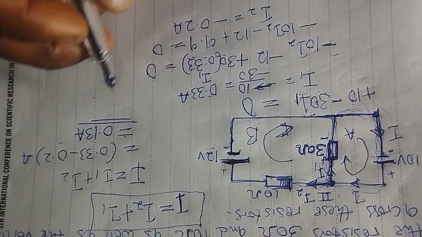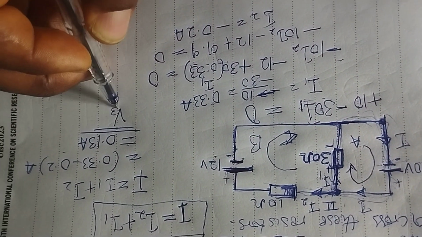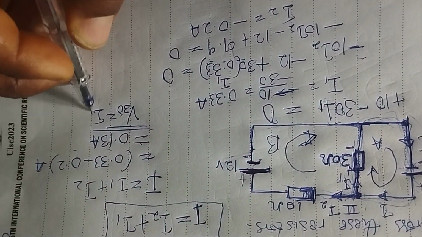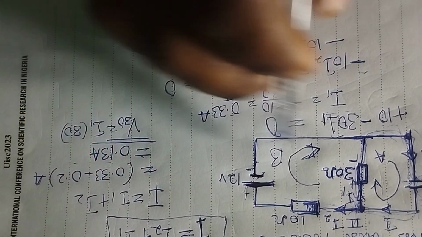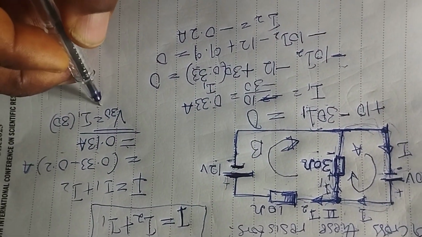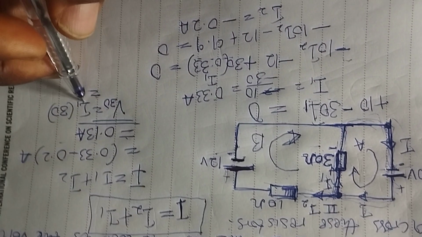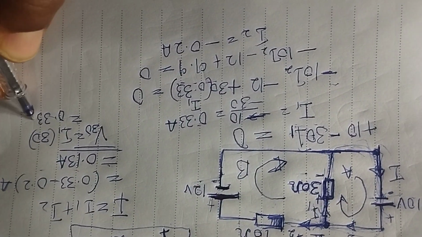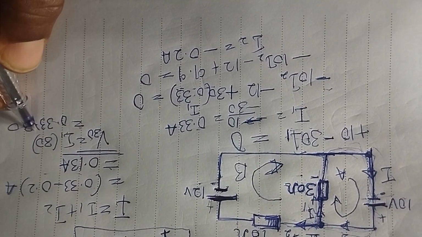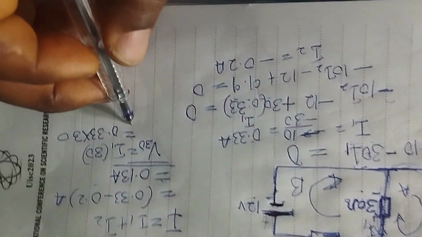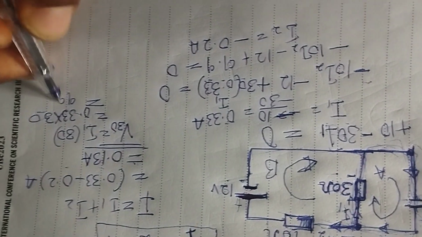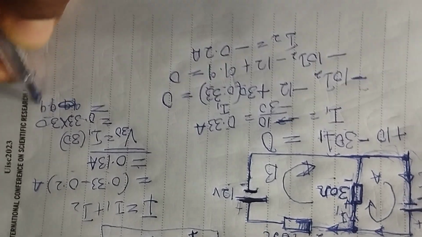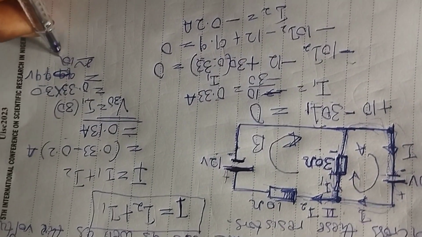We can equally find the value of the voltage drop across the 30 ohms resistor and across the 10 ohms resistor. The voltage drop across the 30 ohms resistor is equal to the current across the 30 ohms, that is I1, times the resistance of 30 ohms. I1 is already obtained as 0.33, so I'm having 0.33 times 30. That gives us 9.9 volts, which is approximately equal to 10 volts.